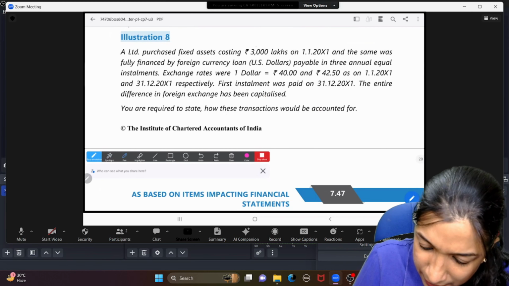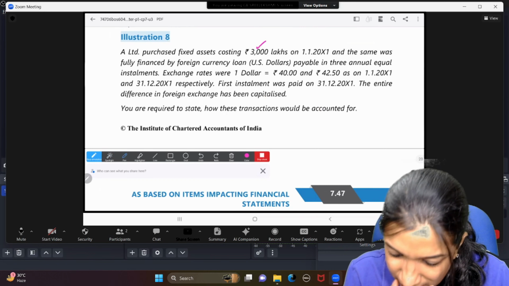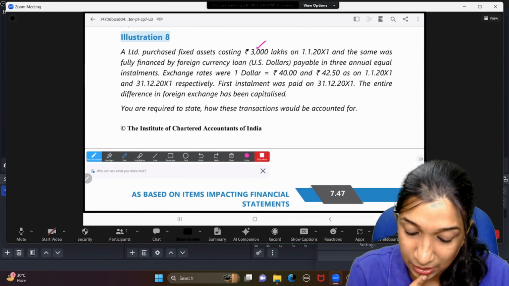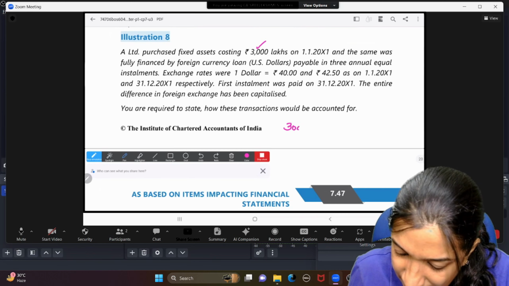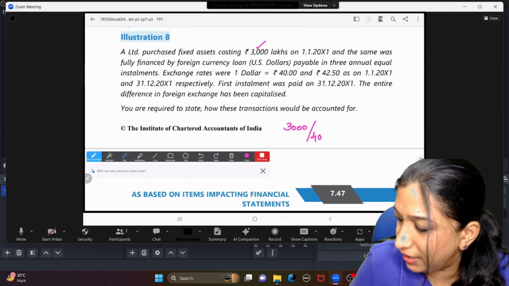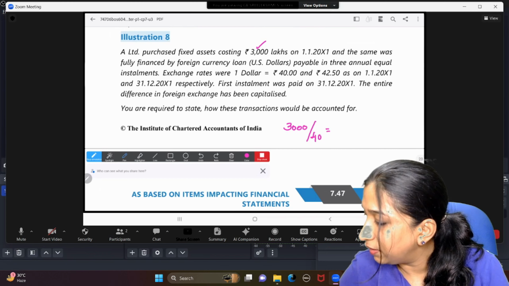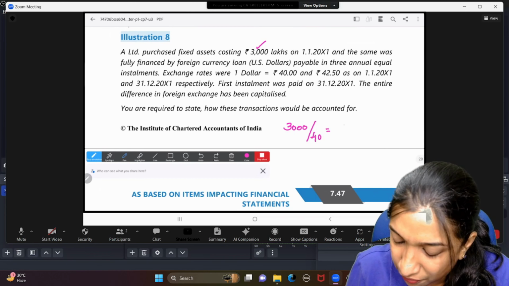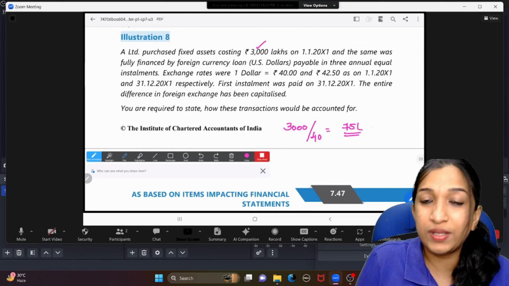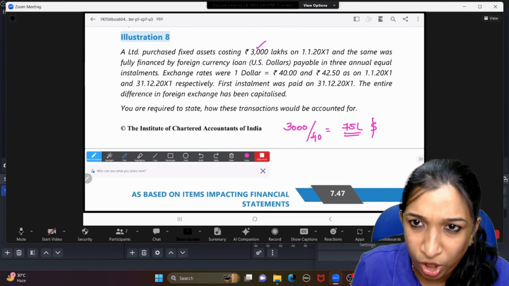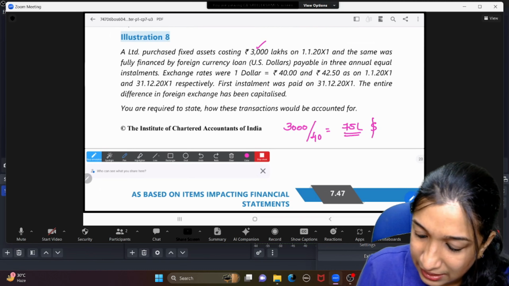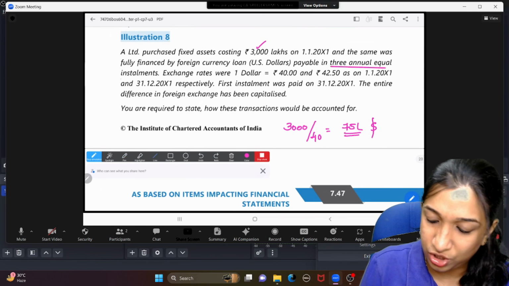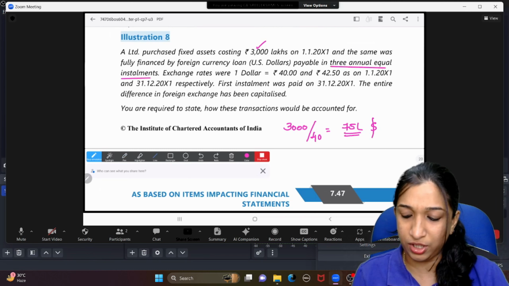So A Limited purchased fixed assets costing 3,000 lakhs, which means 3,000 lakhs by 40, 75 lakhs US dollar you have taken as loan, payable in 3 annual equal installments.